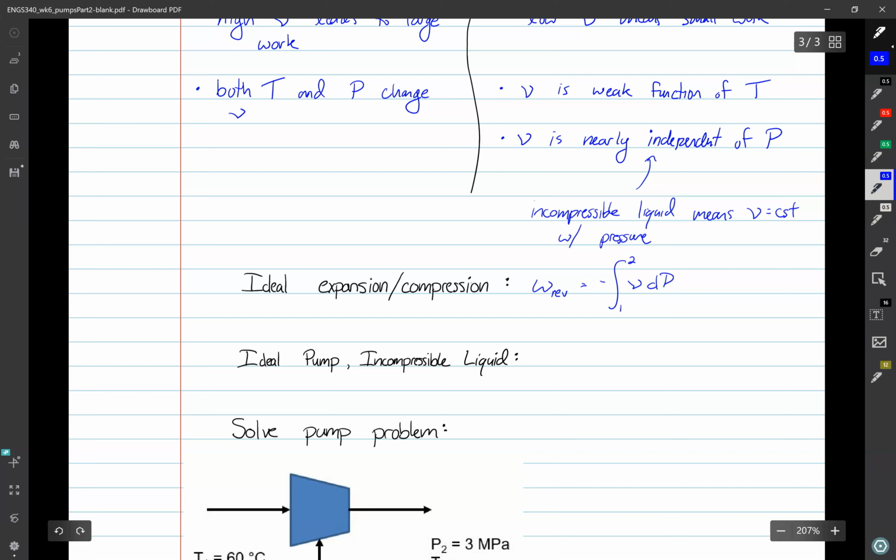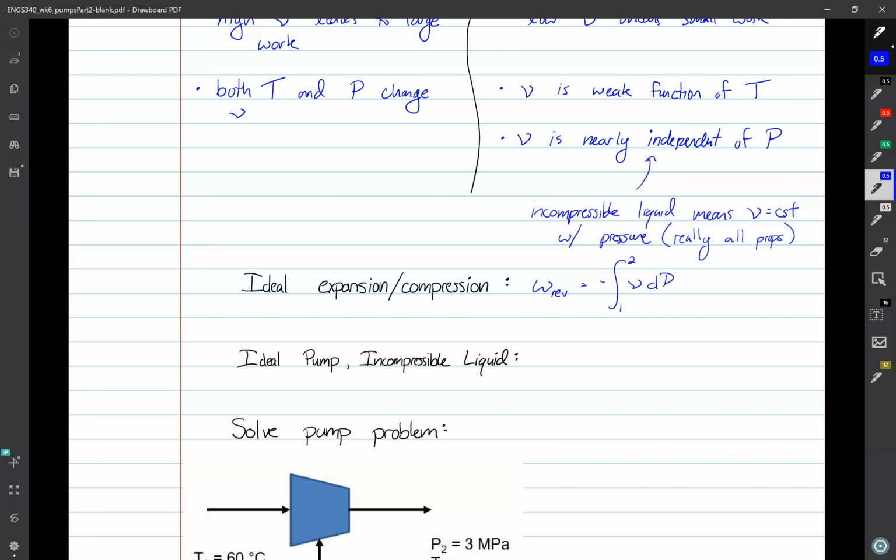It really means that more things than just the specific volume are constant with pressure: the properties of the liquid are constant with pressure, all properties other than the pressure, of course.